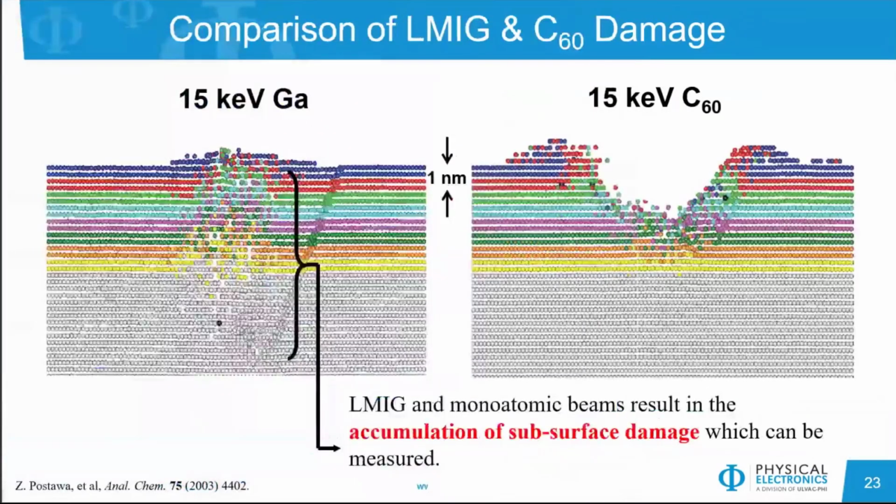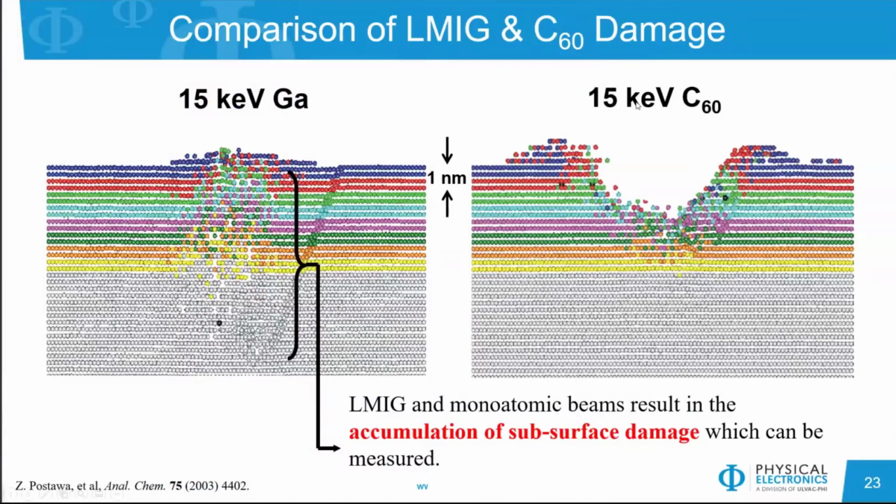But damage does occur from the sputtering process, and I just really wanted to highlight the difference between using an atomic beam versus a cluster beam here. This is a molecular dynamics simulation showing the damage induced from a 15 kV gallium atomic source versus a 15 kV C60. And you can just see the depth of damage from an atomic source at the same energy as a cluster source.